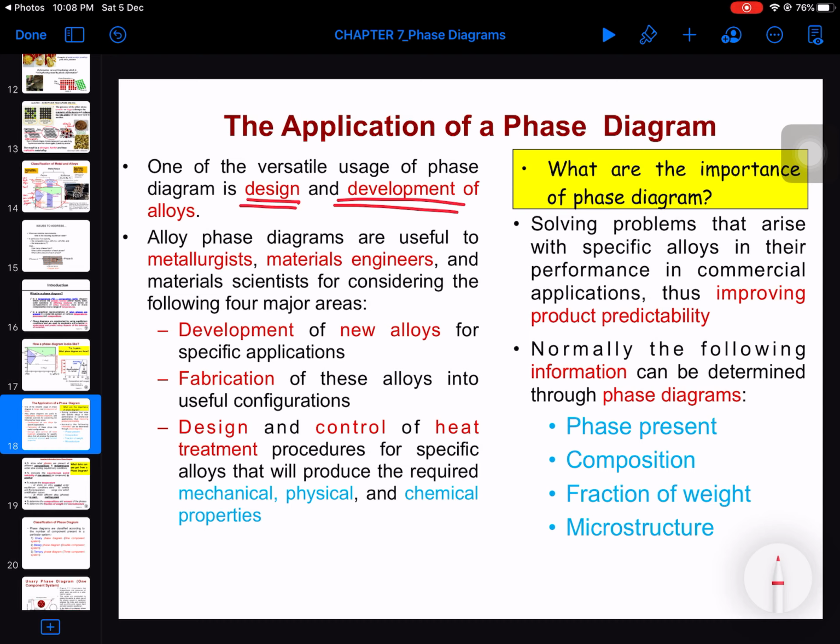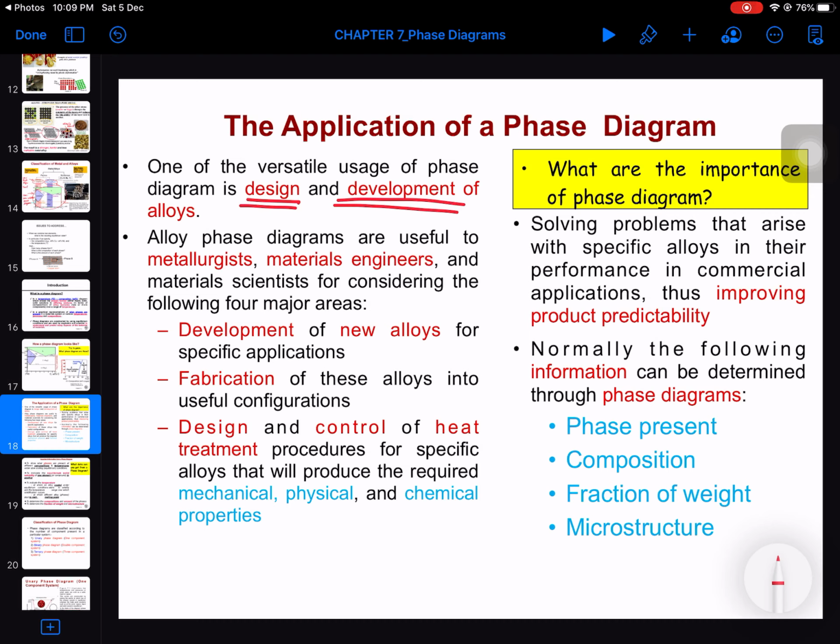Alloy phase diagrams are useful to metallurgists, material engineers, and material scientists for considering the following four major areas. The first one is the development of new alloys for specific applications.